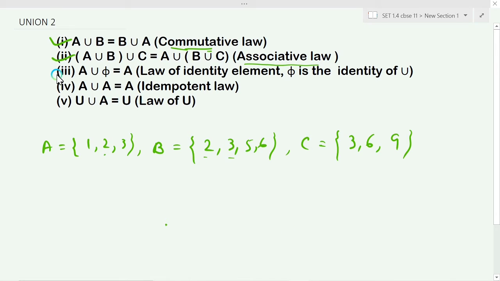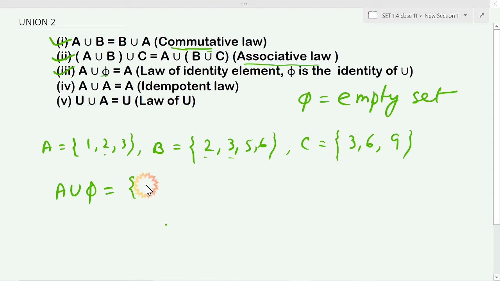So the third property is A union phi equals A. So A union phi. What is phi? Here phi is an empty set which contains no element. Okay. So A union phi.